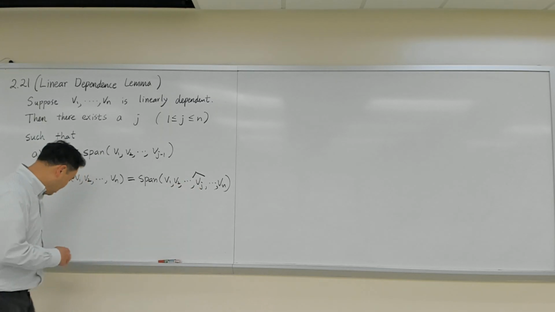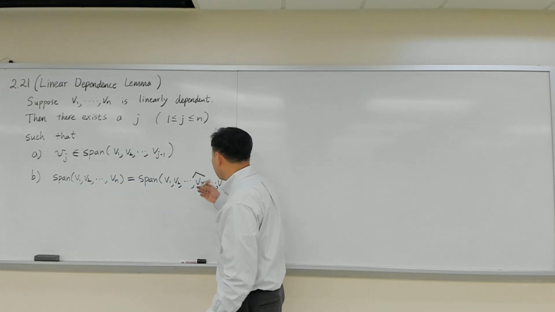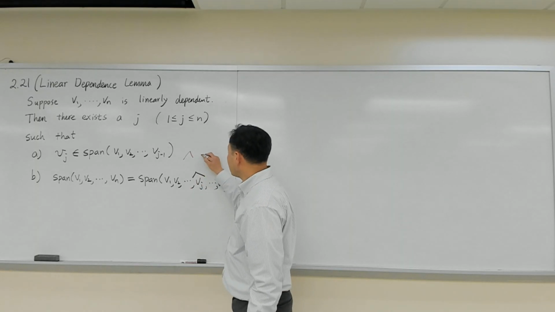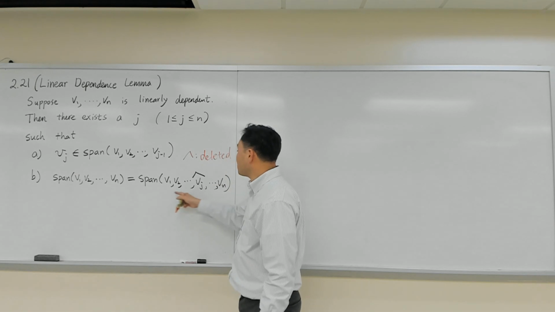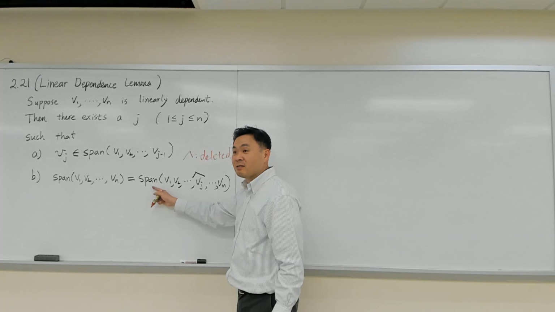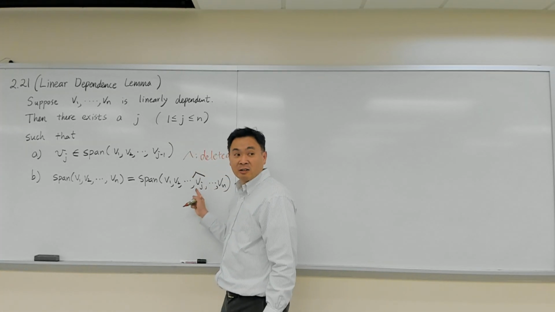So here, this hat means deleted. If you delete this vector from the list and take the span, it gives you the same thing. So in other words, there's nothing lost here.